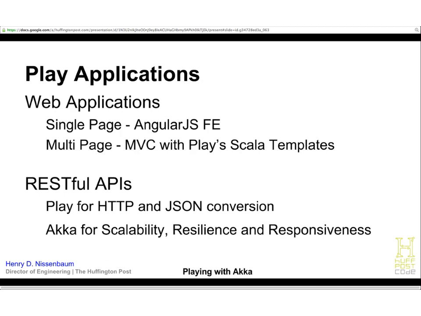So first, a couple of words about the type of Play applications we use. We've got a lot of web applications, some small, some very large. And our web applications are pretty much split into two. A lot of our internal applications are single-page web applications with an Angular front end. They're used by our editors, our business folks.